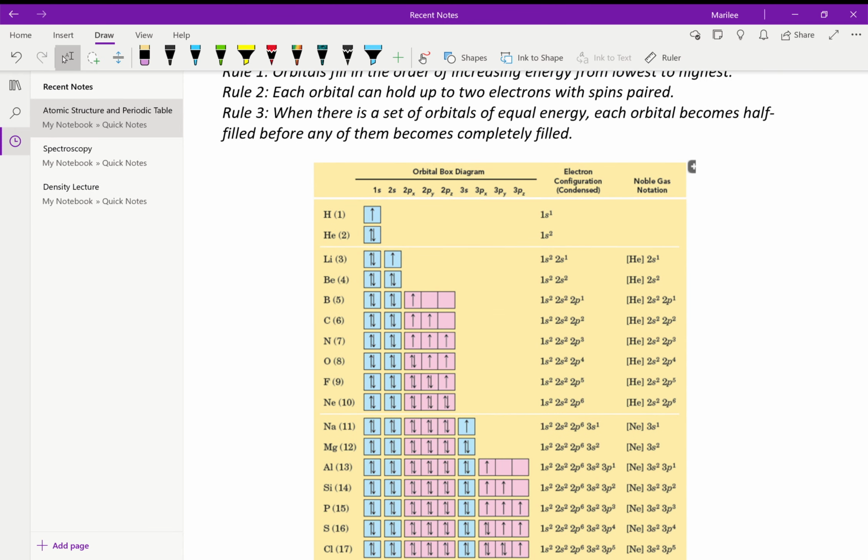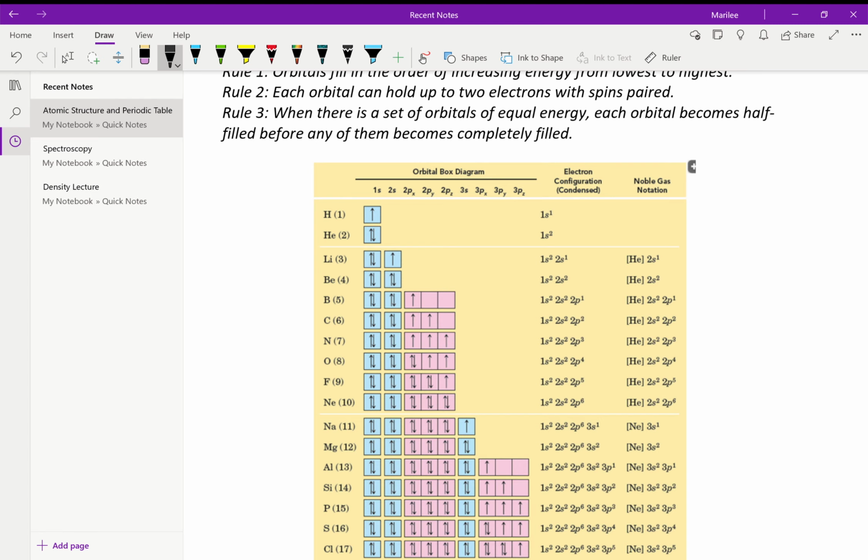For hydrogen, right, we have our orbital of 1s, which is one electron. We know that hydrogen is 1 electron, so we have 1 arrow facing up. And then we have helium, which is 2 electrons. We got this completely filled box with an arrow going up and an arrow going down.